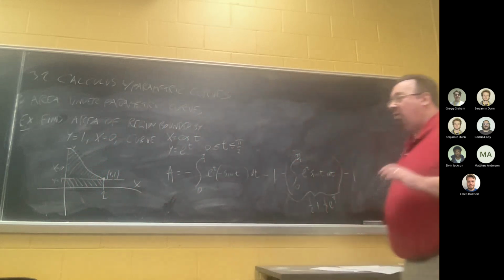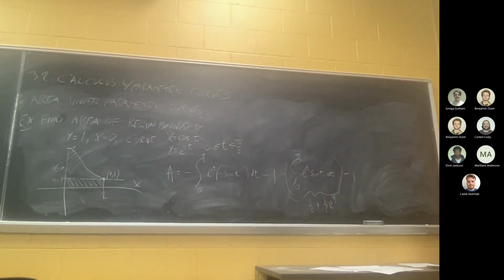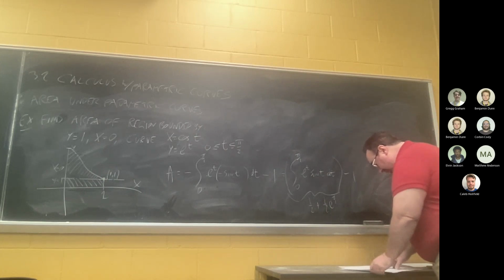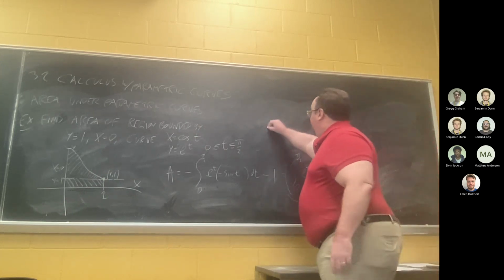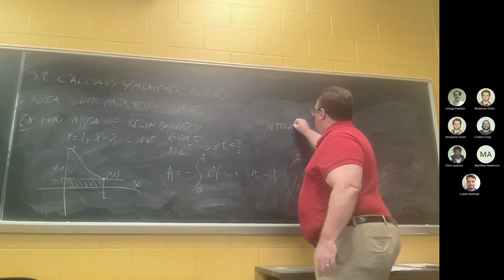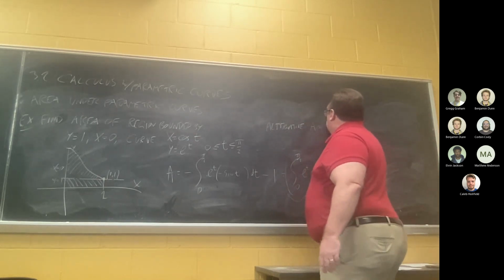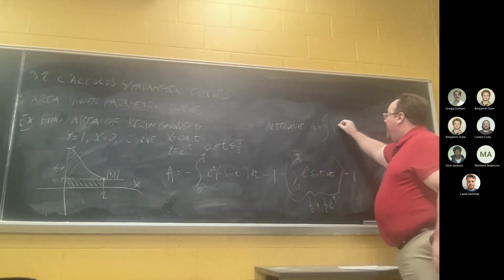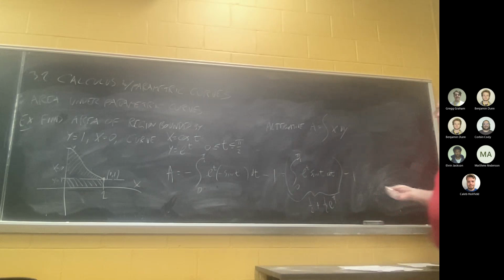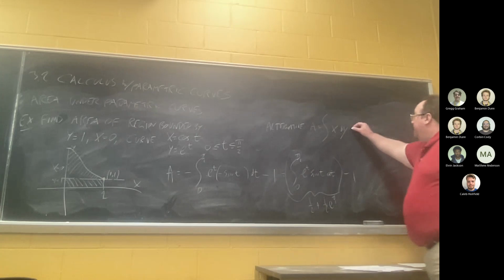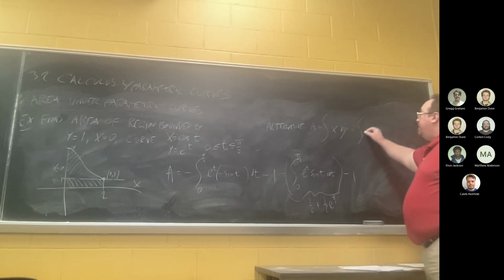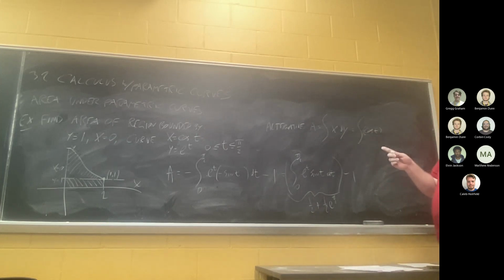So if we reverse the roles of x and y, an alternative area is the integral of x dy instead of y dx. So x is cosine t. And then I want dy, so y prime, but y is e to the t, so y prime is also e to the t.